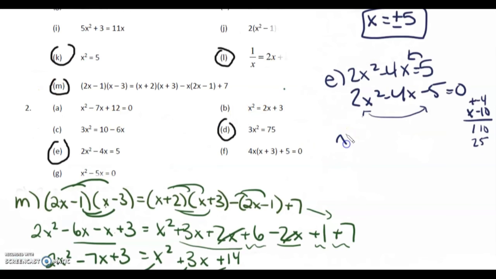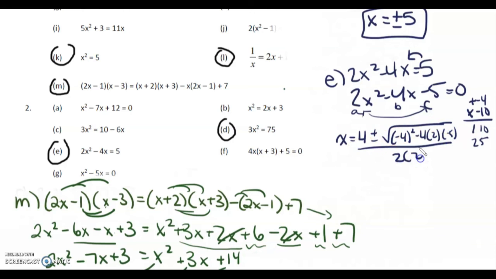So I get x equals, this is a, this is b, and this is c, negative b plus or minus the square root of b squared minus 4ac, all over 2a. Okay, everything under the square root sign you should be able to put into your calculator.